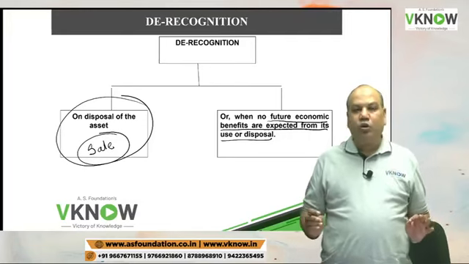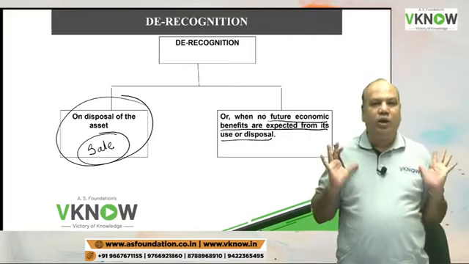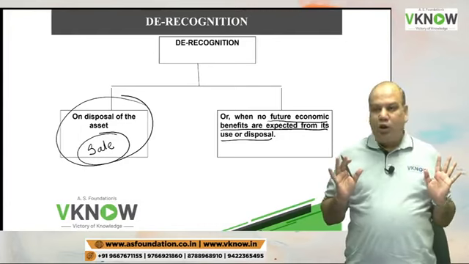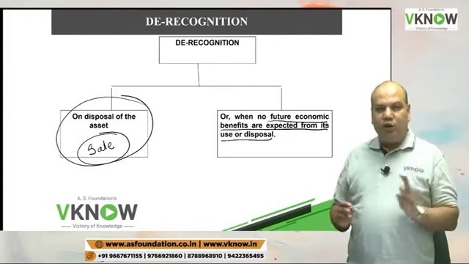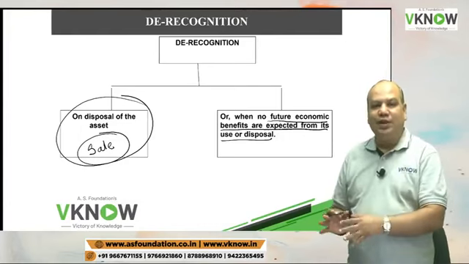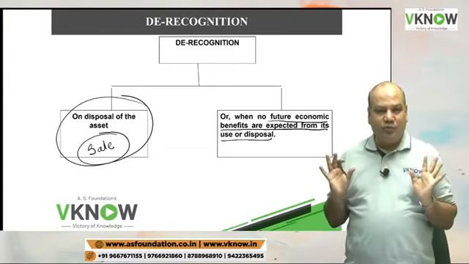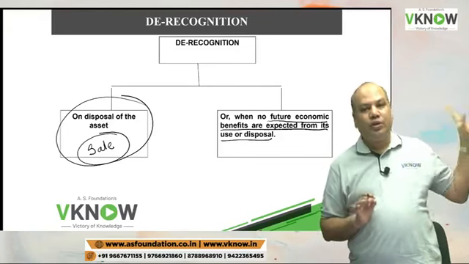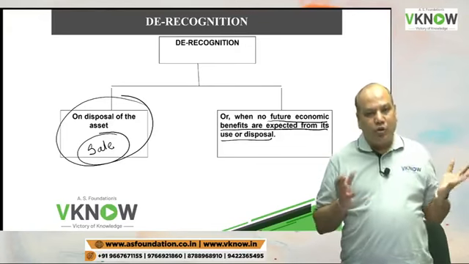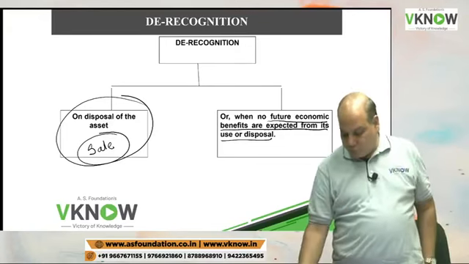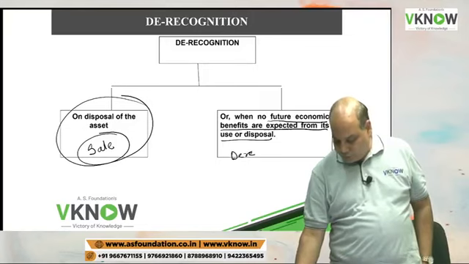So if you are not going to receive anything from using it or even selling it, it is totally useless for you now. That means you will just throw it. Since you are not going to get anything out of it, you will derecognize.